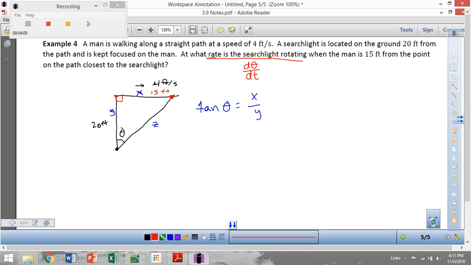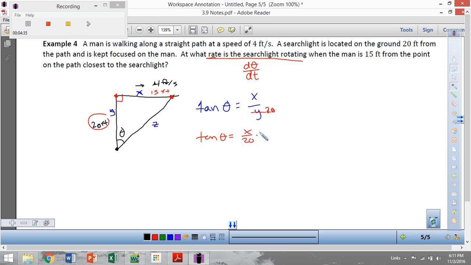Now, this y value, I can go ahead and replace that with 20, because this spotlight is staying 20 feet away from the point nearest on the path to that spotlight. I don't need to worry about that being anything other than 20. So now I get tangent of theta equals x over 20.